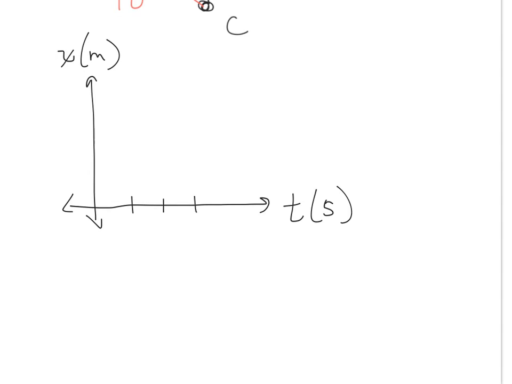Let's give ourselves maybe 4 increments of time, each being 1 second in length. Let's label the vertical axis with units of meters going by 2: 2 meters, 4 meters, 6 meters, and 8 meters.